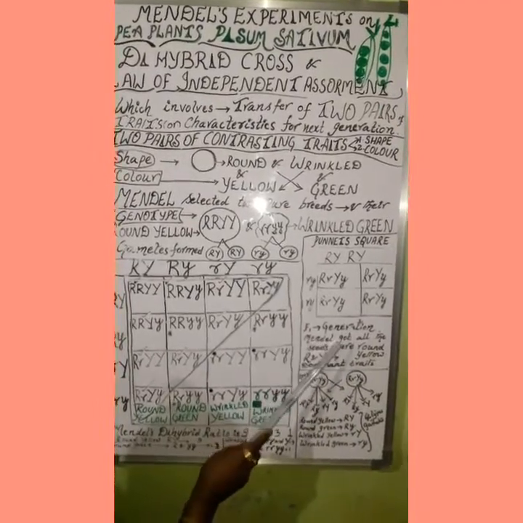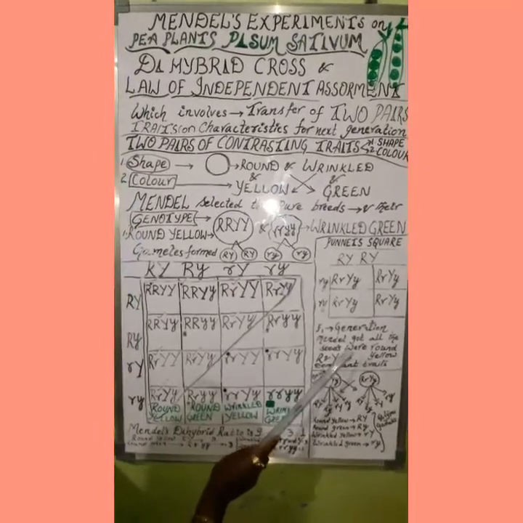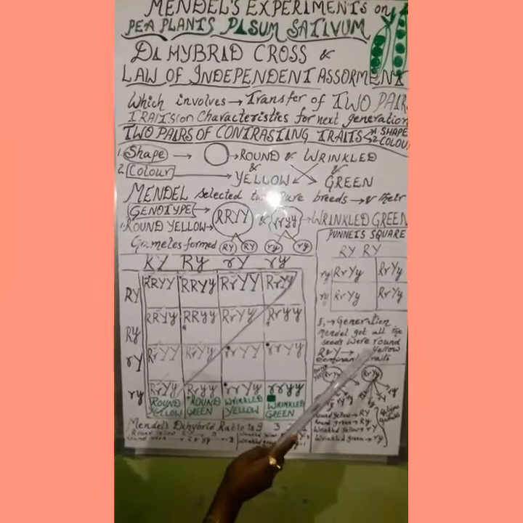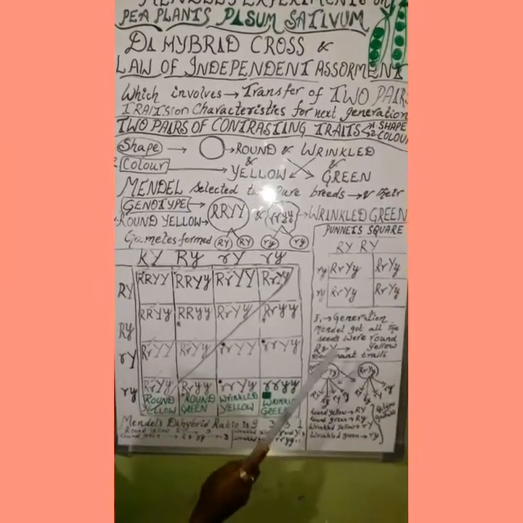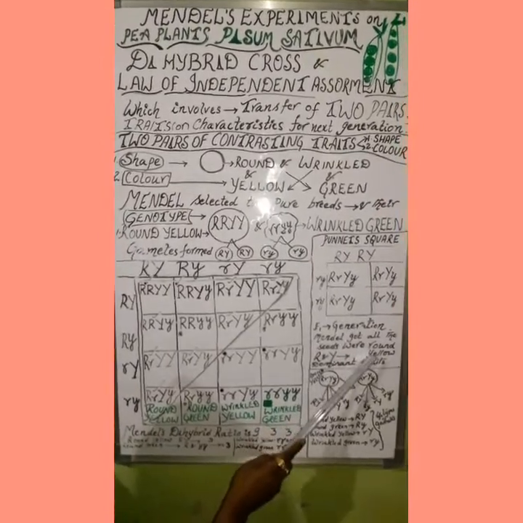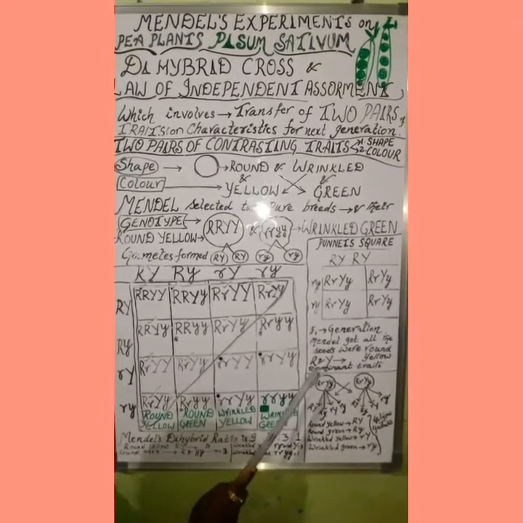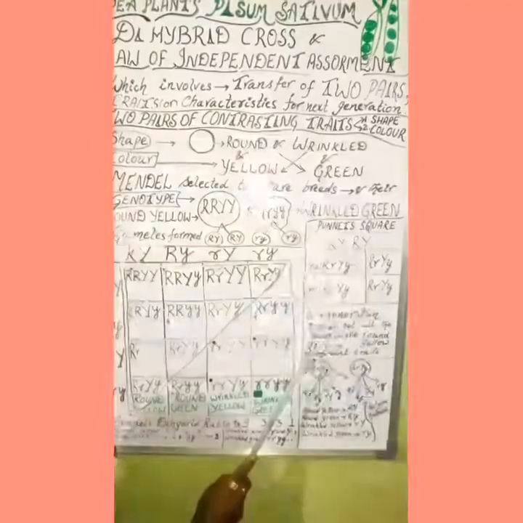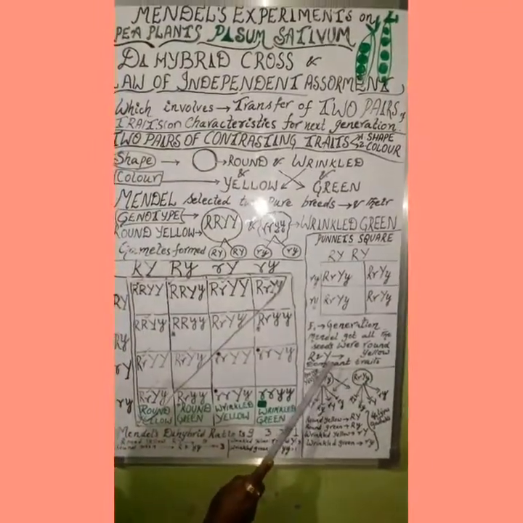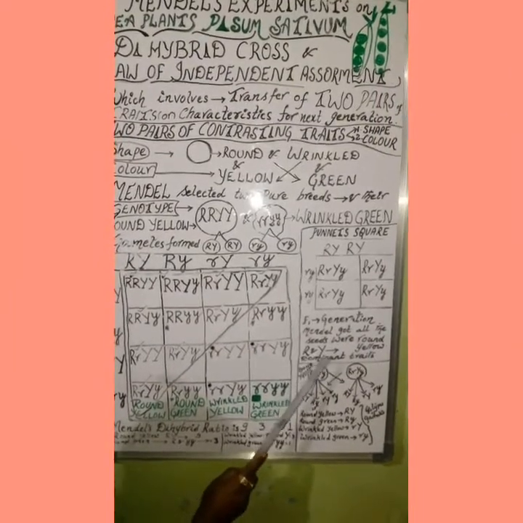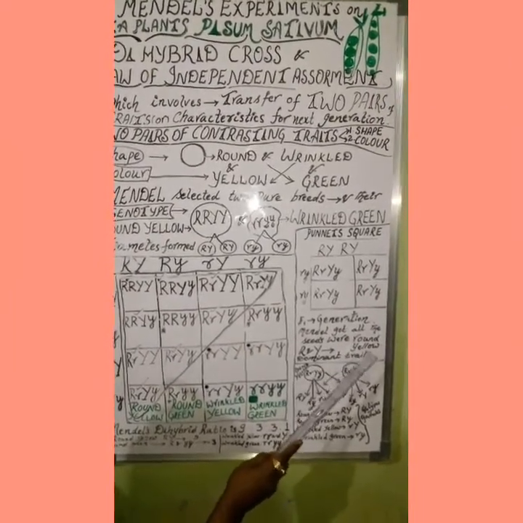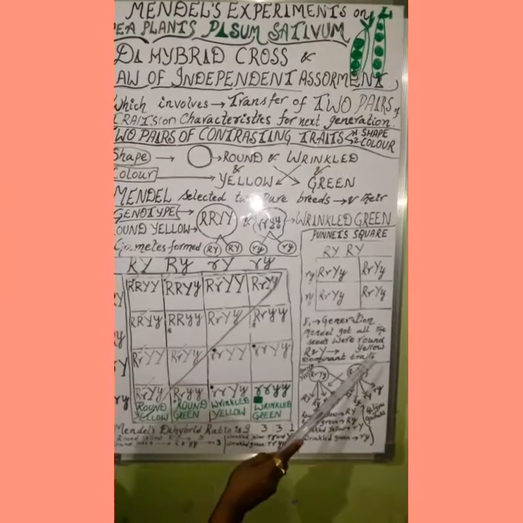Thus in the F1 generation, Mendel got all the seeds as round yellow. All the seeds in the first generation were round yellow. Capital R and capital Y stand for dominant traits.